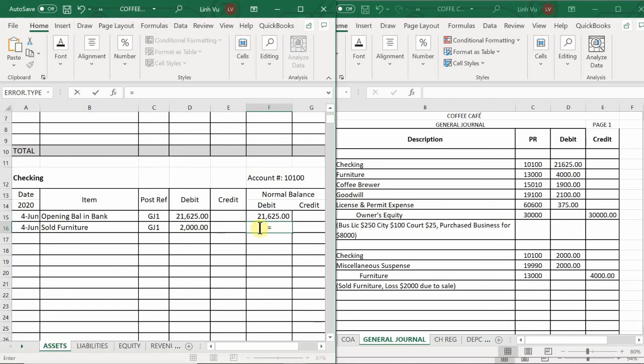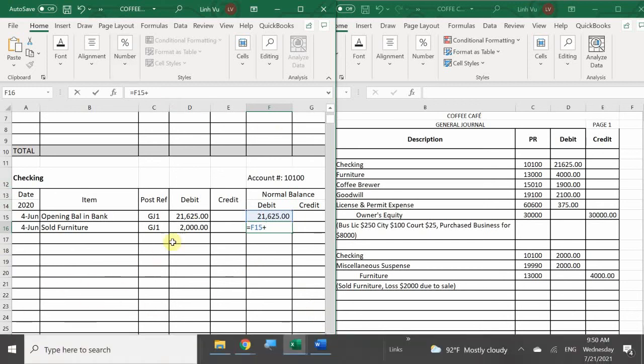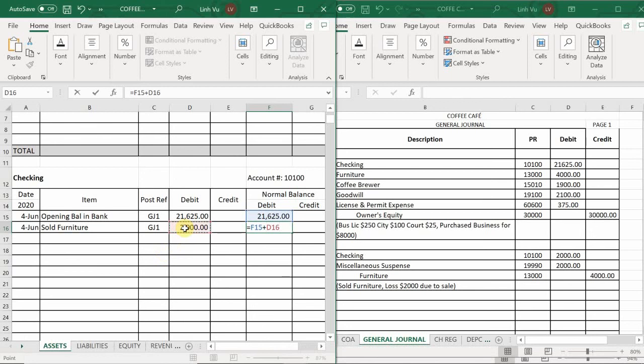You're going to go with the previous balance that you had earlier. So in this case, I started out with $21,625. Okay? I'm going to add any debits on the left, right?